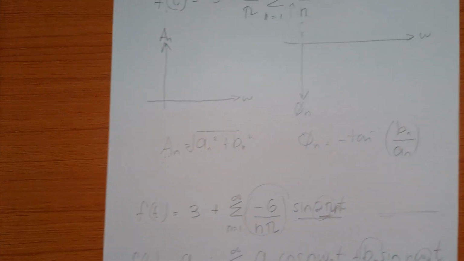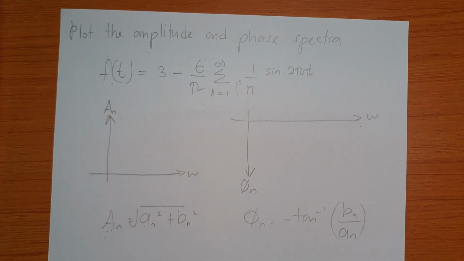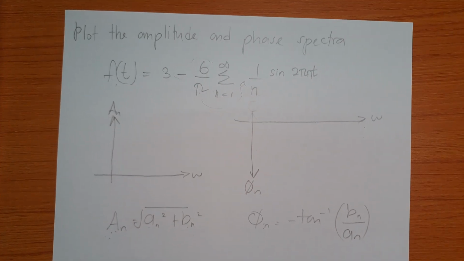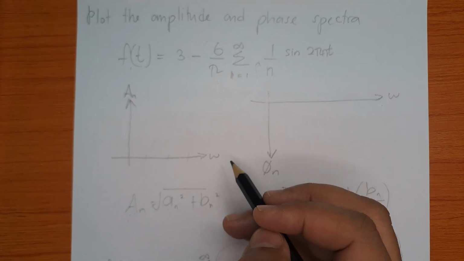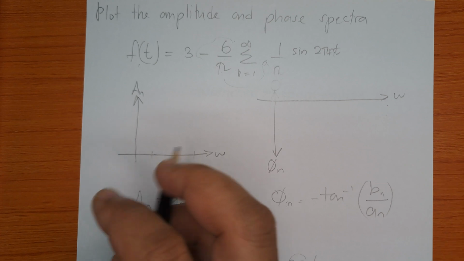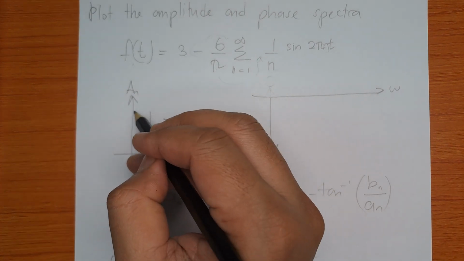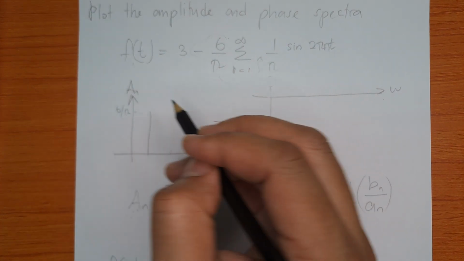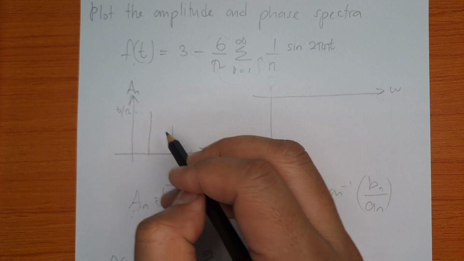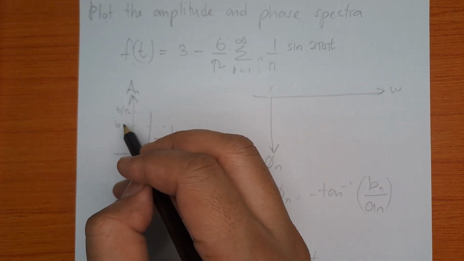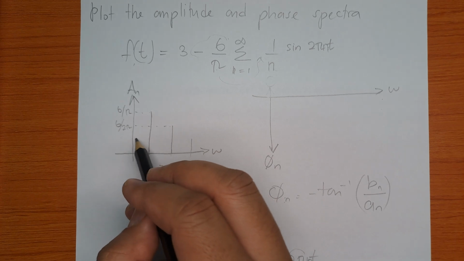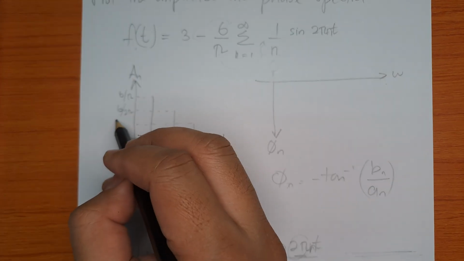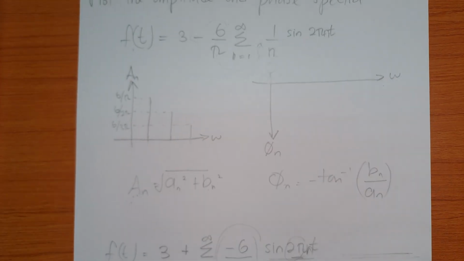You can plot the amplitude and phase spectra. So here, first, second, third, you have 6 over pi, and then the second one is 6 over 2 pi, and then the third one is 6 over 3 pi.